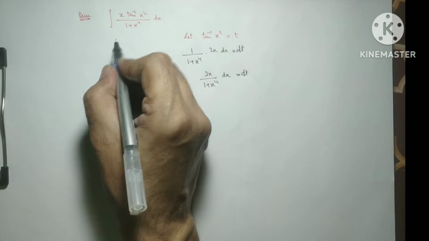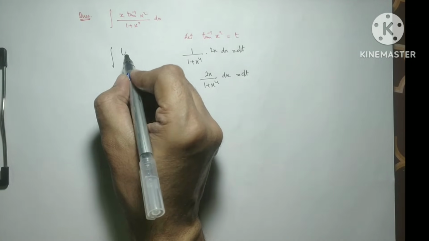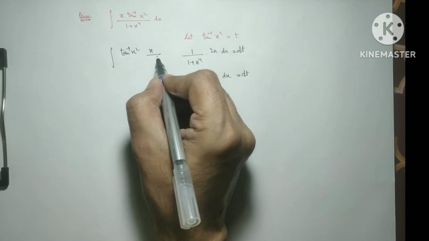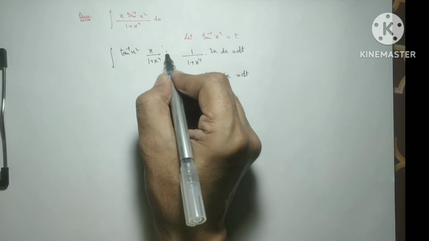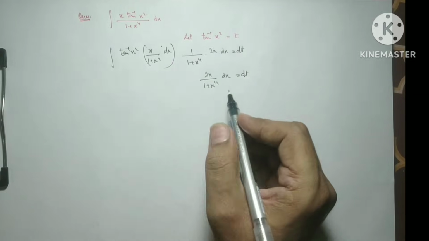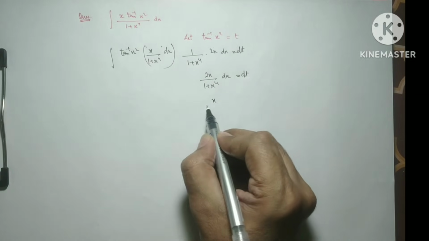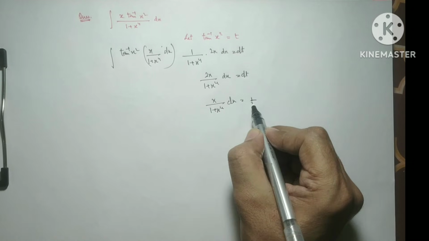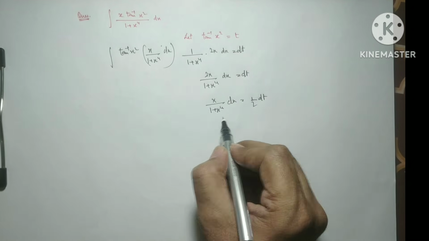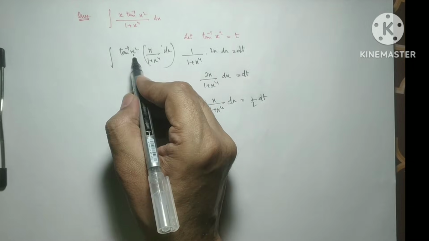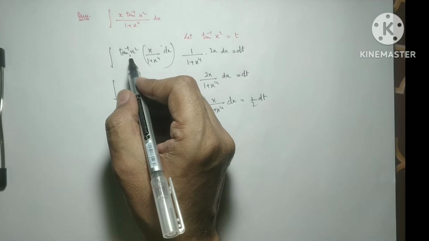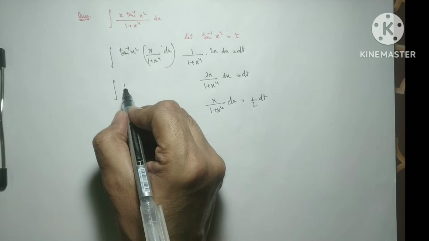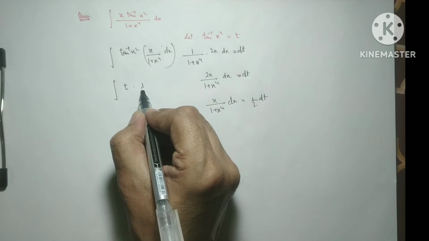Now we will arrange this. We have tan inverse x square and x over 1 plus x to the power 4 dx. So according to this we have x over 1 plus x to the power 4 dx is half of dt. So we can substitute this value here, and on substituting this value we get t and half dt.